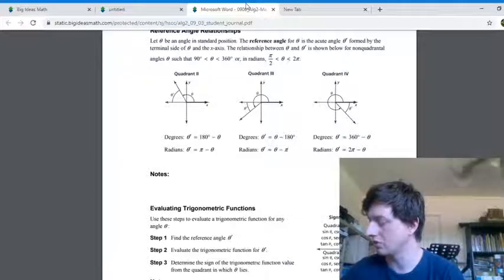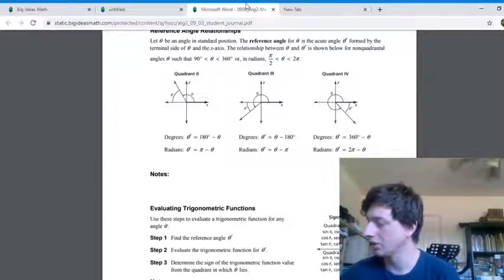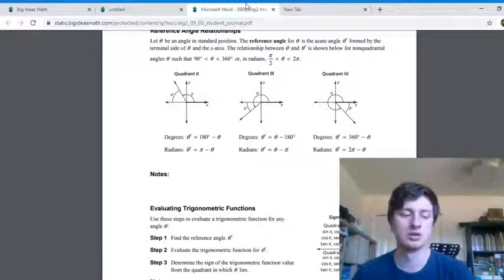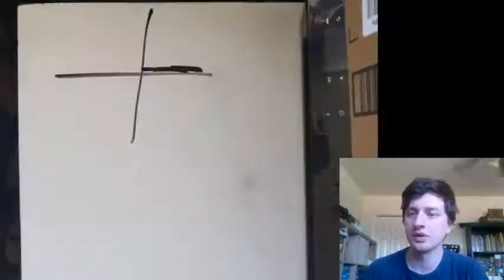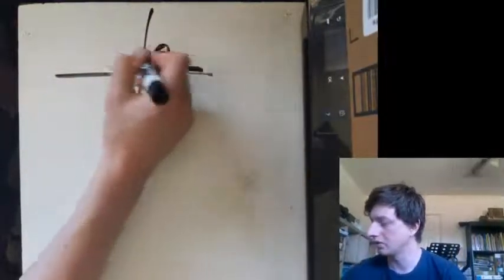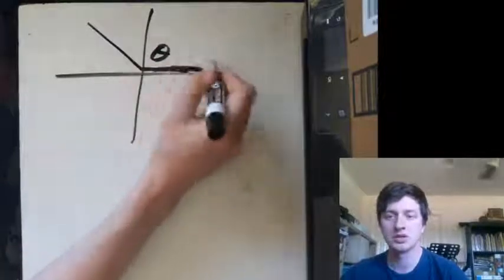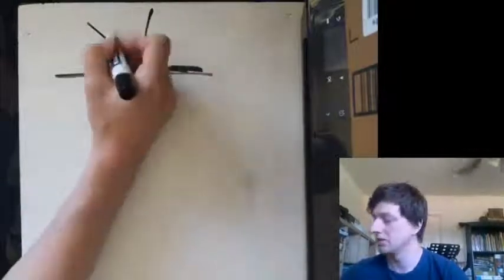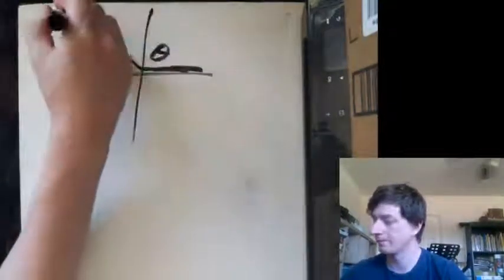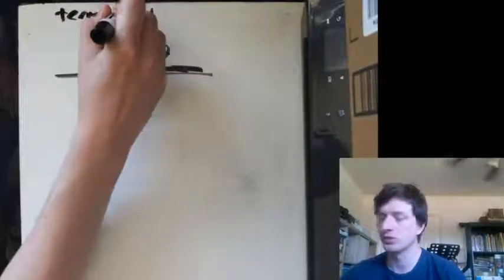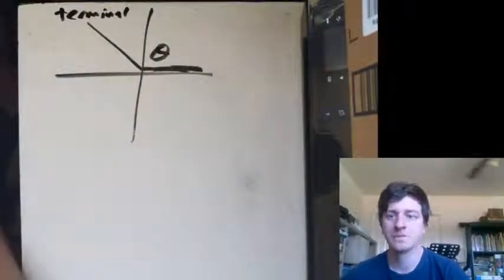So when we're drawing our standard angle in a coordinate plane, part of it goes here on this side, right? So it would start here, and then theta, it would point like this, and it matches up with the x-axis. And then this is the terminal side. That's where it is. Okay, so that's theta.